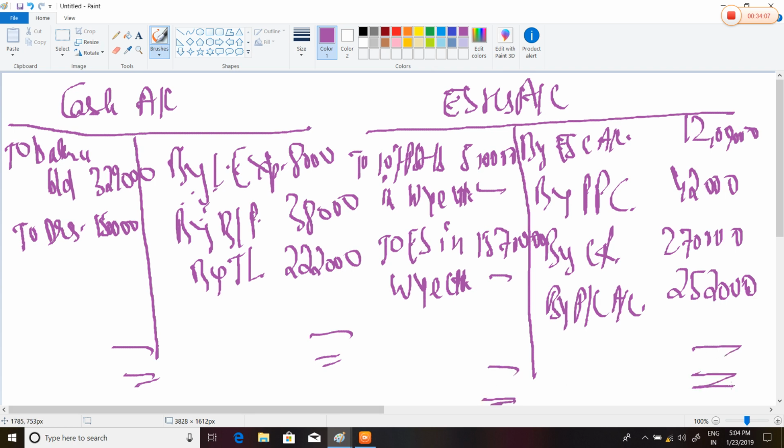What's the total? The balance comes out on the credit side, by realization account, balancing figure.